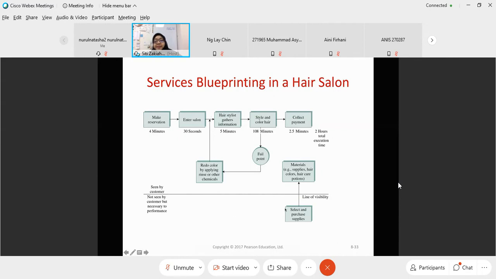You select and purchase the supplies, where you buy your combs, whether you wash your towels and all, it's not seen. That is below the line of visibility. So service blueprinting allows you to know fail points. That's very important. So that if you know, then you will be extra careful at that particular point.